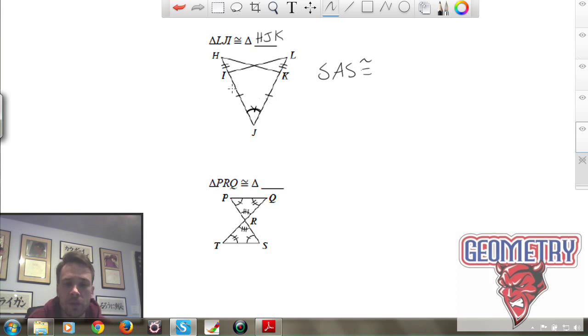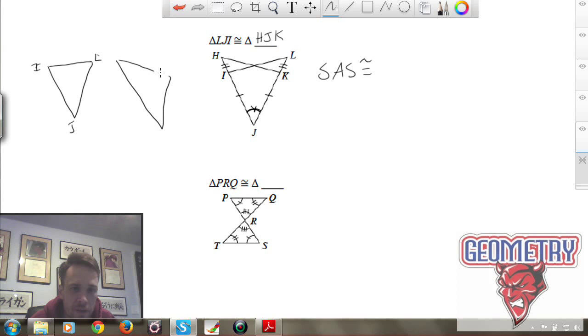If you're having trouble seeing that, sometimes it helps to redraw the triangles after they've been separated from each other. So here is LJI, and then here's HJK. I realize my drawing is not the best here, I apologize.